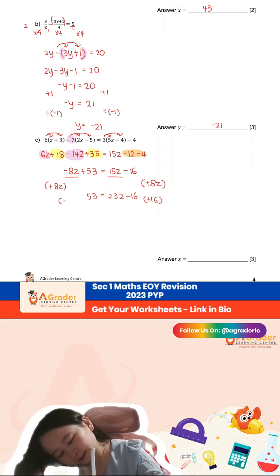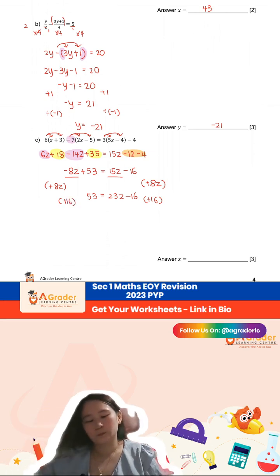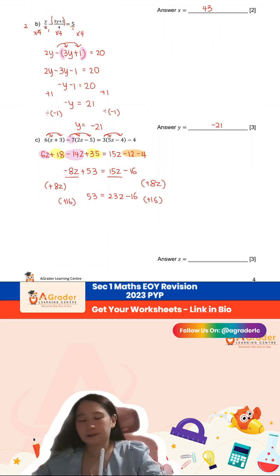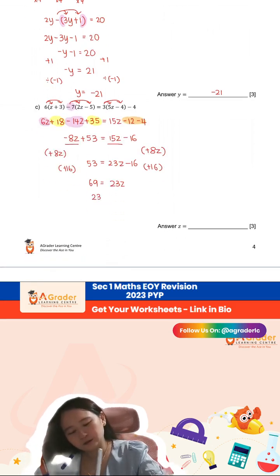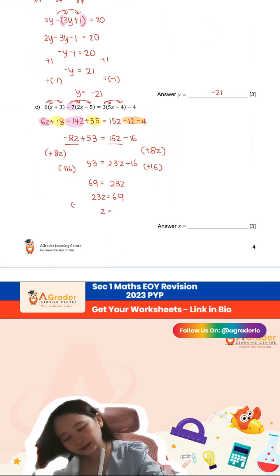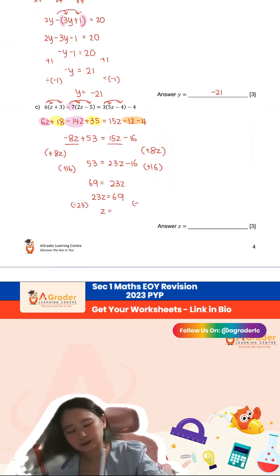Then I add 16 on both sides, so that I have the unknown on one side. Okay, so I get 69 equals to 23z. I can just flip it. 23z is 69, therefore my z will be, I divide by 23 on both sides. I get 3.